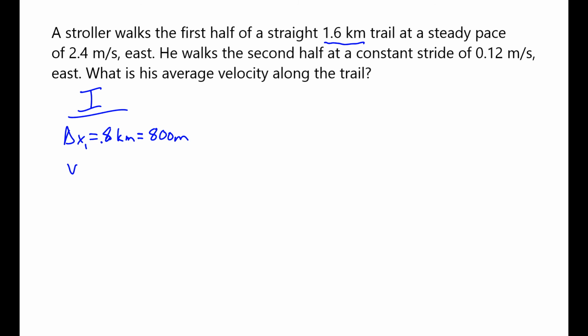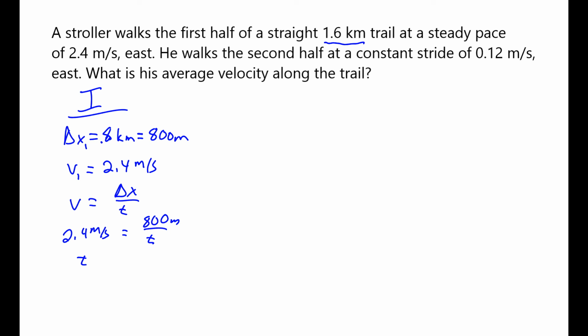And our velocity for part 1 is 2.4 meters per second. So to get our time, we say v equals delta x over t. So we get 2.4 meters per second equals 800 meters over time.